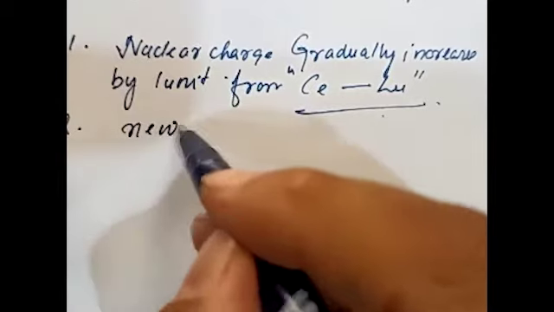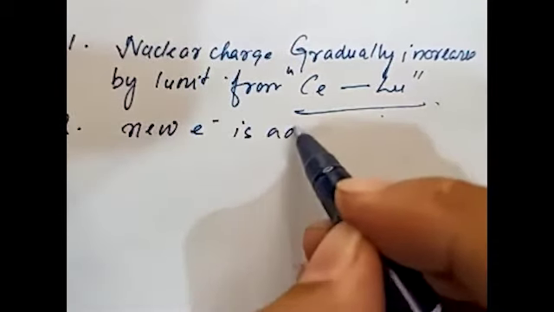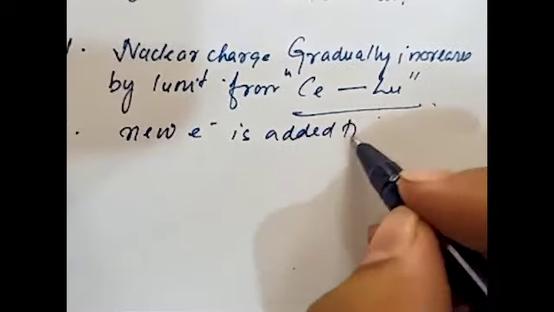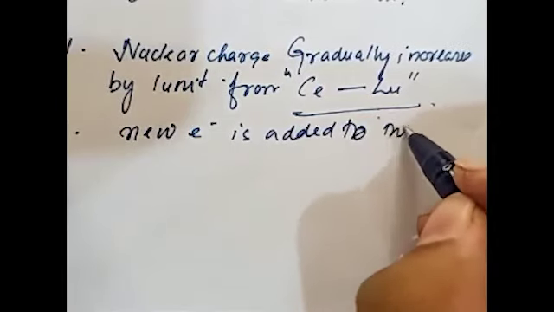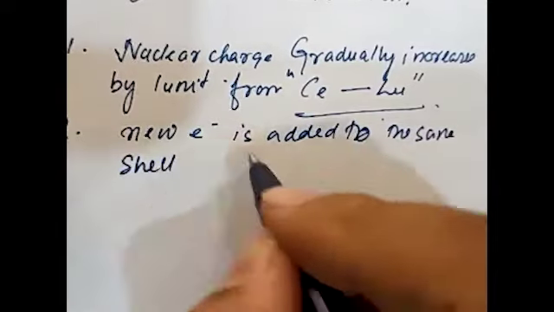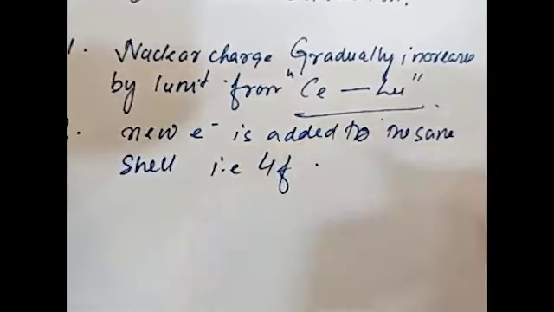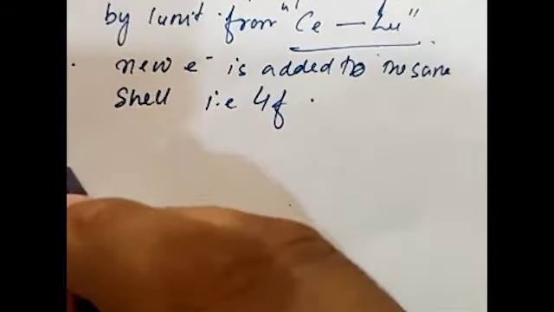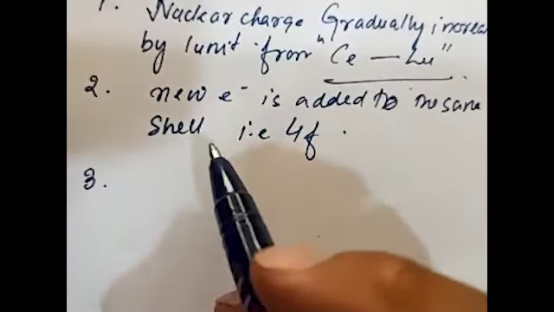Okay. Next, number 2. New electrons are added to the same shell, that is 4f. Number 3, 4f electrons are shielding very weakly.